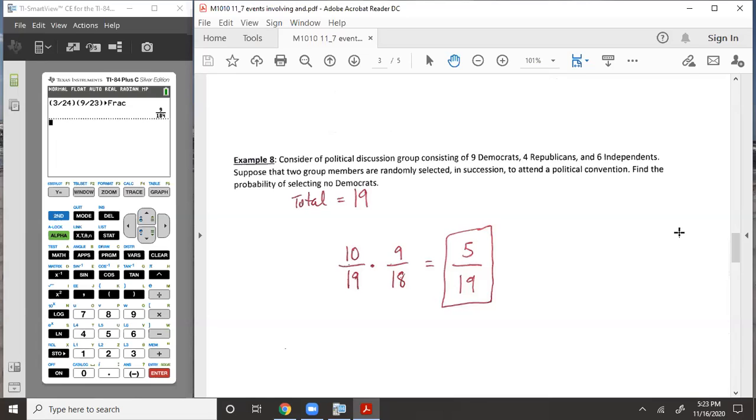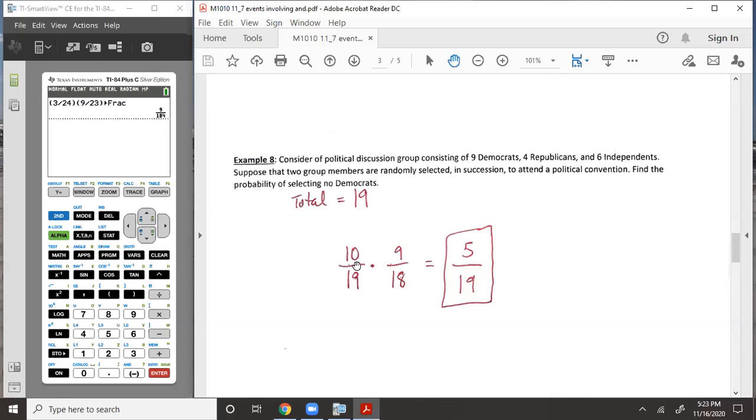The probability of selecting no Democrats is, now we have 2 people. So the probability of selecting the first person that is not a Democrat is actually 10 over 19, because we have 4 Republicans and 6 independents to choose from. So that's a total of 10 people out of 19.